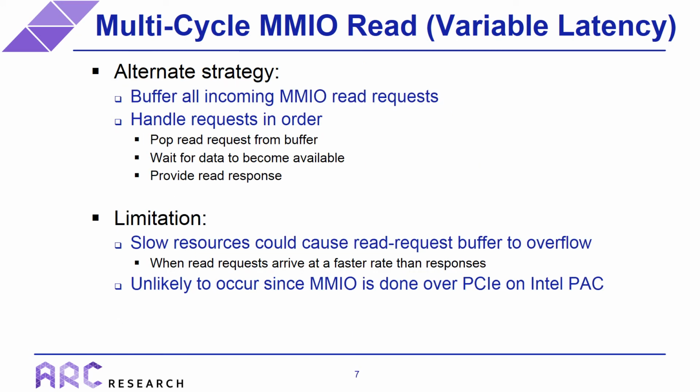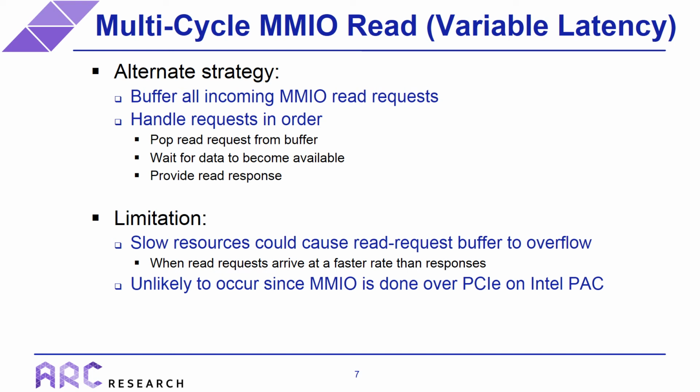So an alternative strategy that you could use when dealing with variable latency resources is to buffer all incoming MMIO read requests. So as soon as a read request appears, you basically store it into a FIFO. We're then going to handle all of the requests in the order that they arrive by having a simple controller that, whenever the buffer isn't empty, just pops the first request out of the buffer.